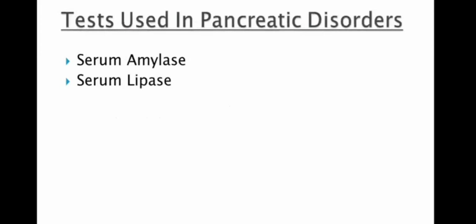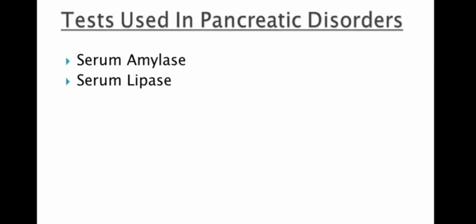So it is an important investigation, and these are the tests related to pancreatic disorders. In acute and chronic pancreatitis, naturally in acute pancreatitis there will be abdominal pain and, as you know, diarrhea. The patient will not tolerate fatty food or milk or milk products.